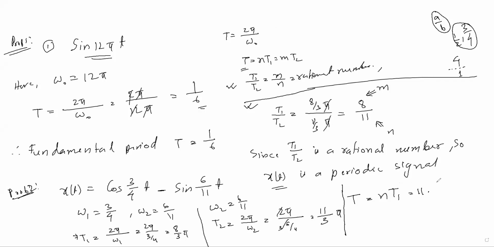T1 is 8 by 3 pi. So with a period of 88 pi by 3. Understood? Cos 3 by 4 t minus sin 6 by 11 t is a periodic signal with a period 88 pi by 3. Any doubt?